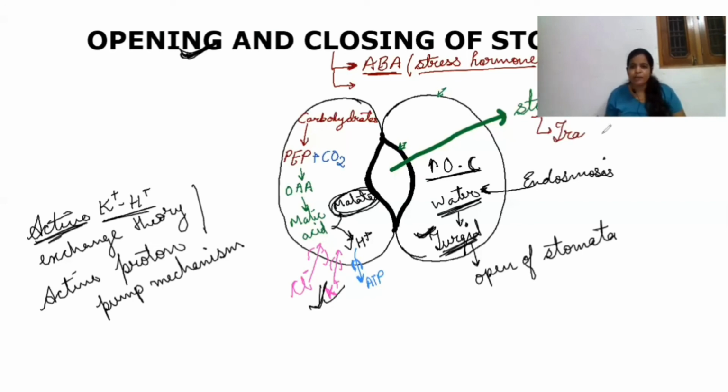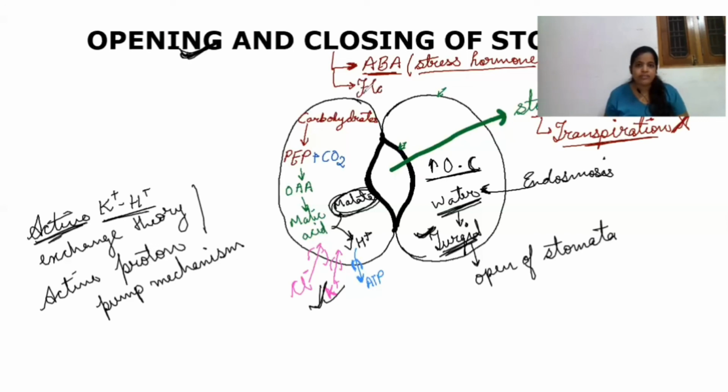Another important point, not related to the topic but important for ABA and its function: transpiration will be stopped by the stress hormone, abscisic acid. Transpiration takes place through stomatal pores. Since the stomatal pores will be closed by abscisic acid, there will be no transpiration and no water loss, and the cells will become flaccid again.